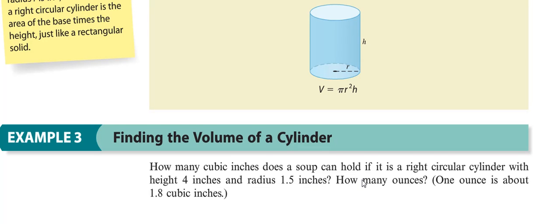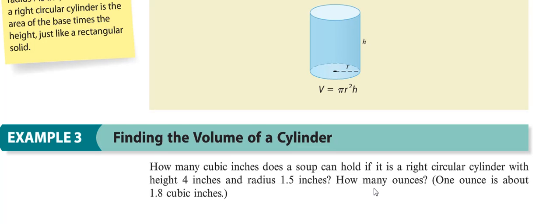Pi, if you have the pi key on your calculator, use that, because if you do, your answers will come out more accurate and more in line with the answer in the back of the book. So the question is, how many ounces are in that cylinder?